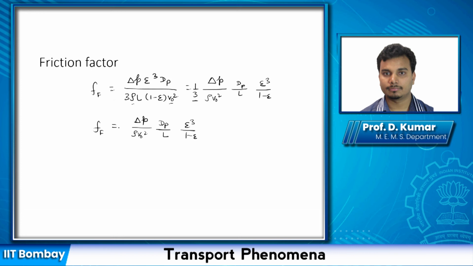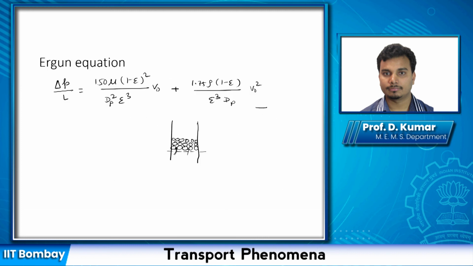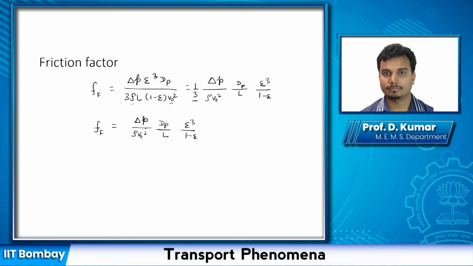Okay. So if you try to calculate this term from the Ergun equation, we know all of this. What you have to do is essentially bring these things together: delta P by rho V naught squared, dP by L, epsilon Q by 1 minus epsilon.